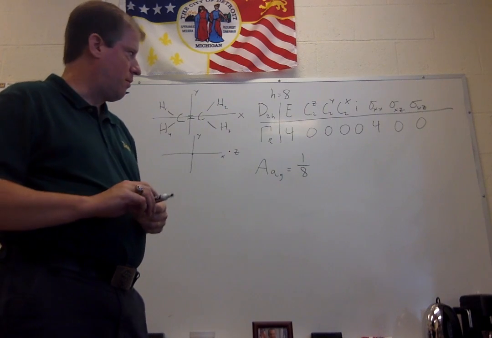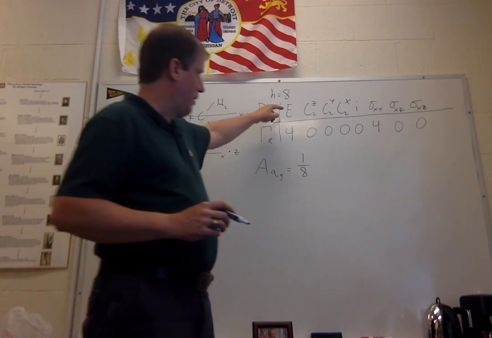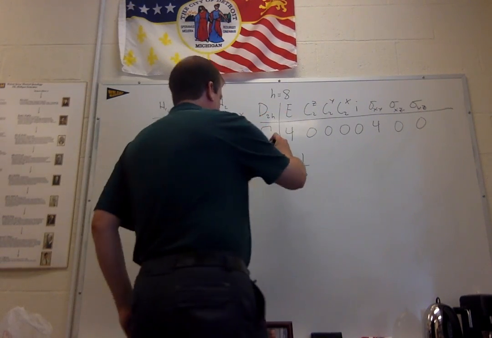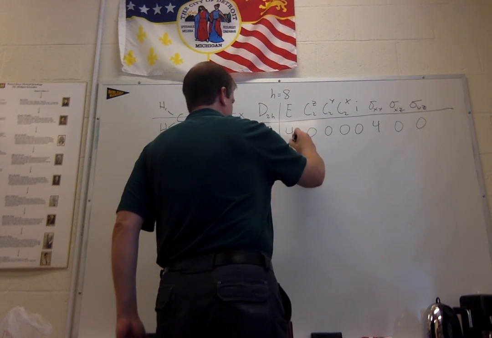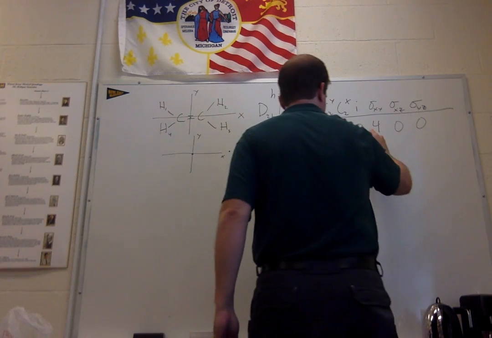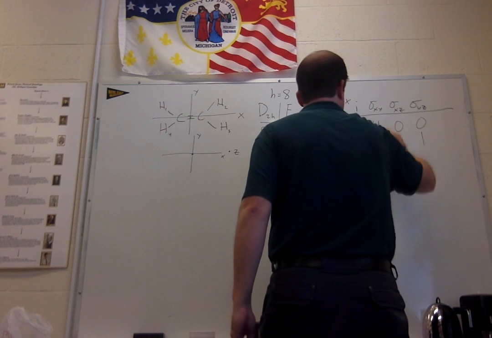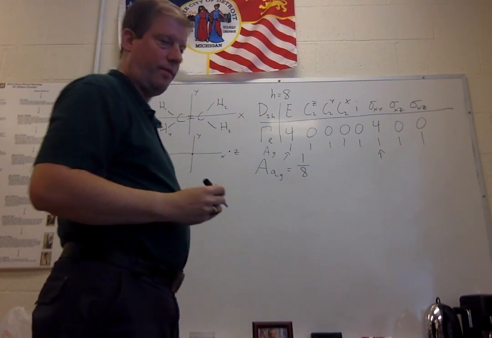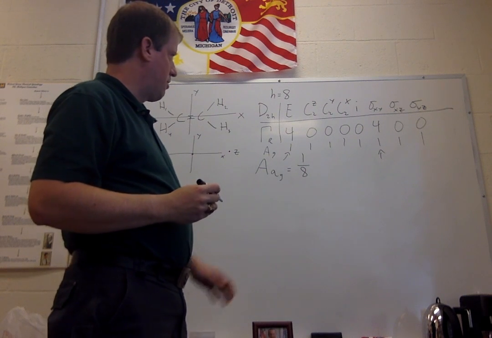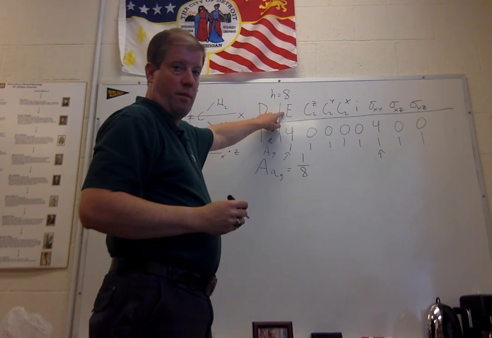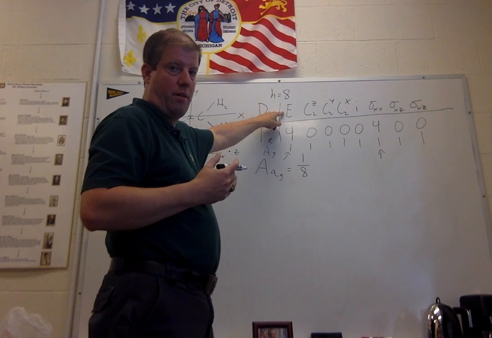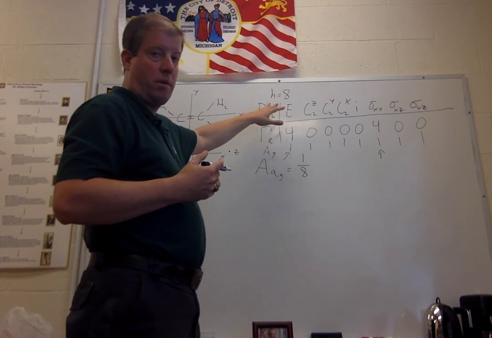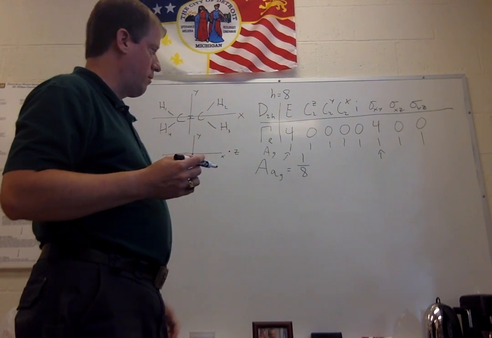So all we have to do is look at, on our character table, in A1, or Ag rather, this column and this column. Okay? And so, remember, you do have to worry about what's in front of this. Now, these are all unique, but if there's a 2 or something, you have to multiply by that.